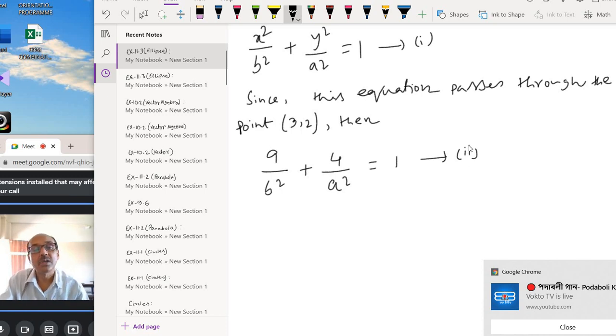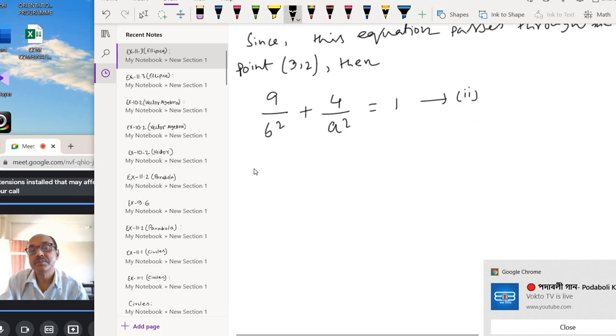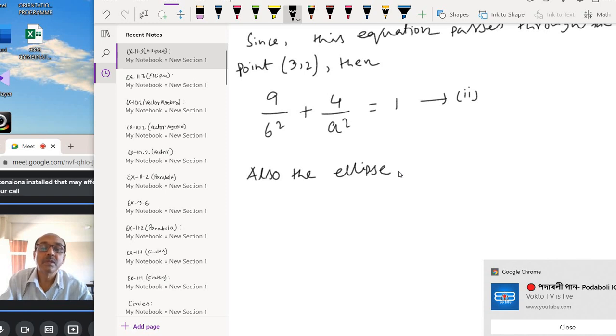Okay, also the ellipse passes through another point 1, 6.